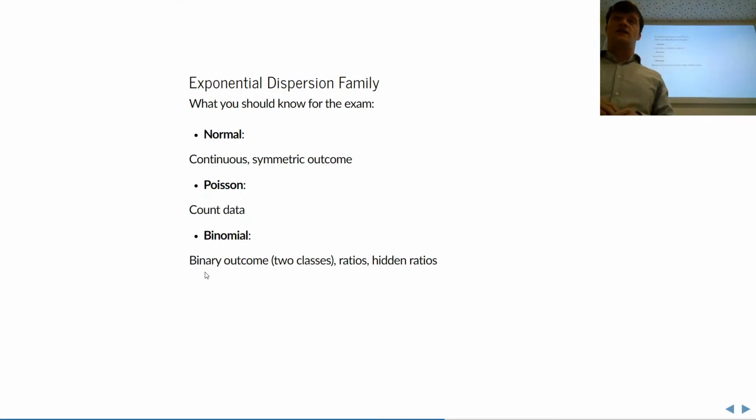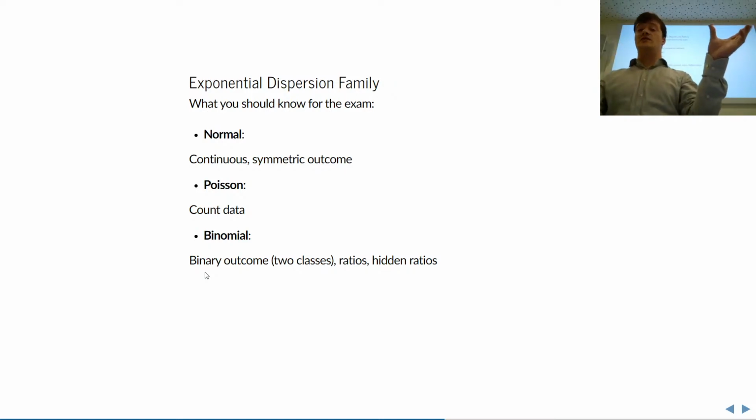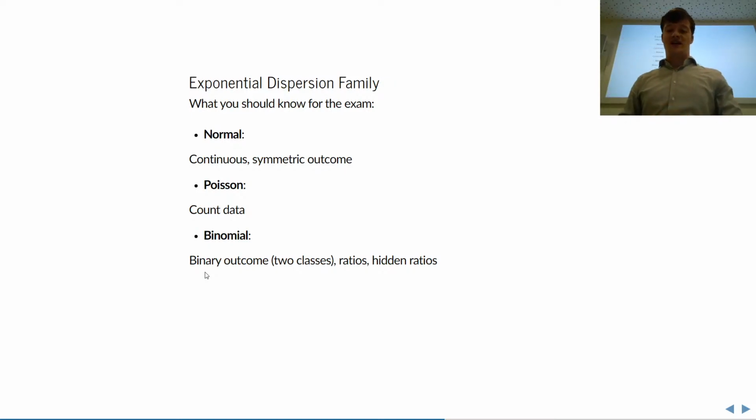Or ratios, like the number of people that survived out of the total number of patients, and hidden ratios, which is a type of data that is a ratio, but it's worded in an unfriendly manner, such that it's a bit difficult to realize that it's a ratio. For example, the number of coronavirus cases per population size. That's a ratio because there is a finite number in the population, so it's not really a count.